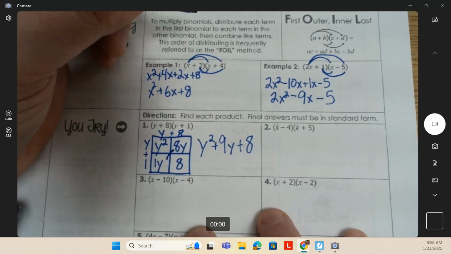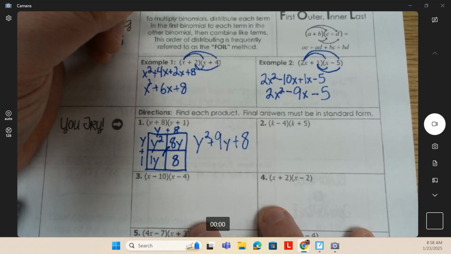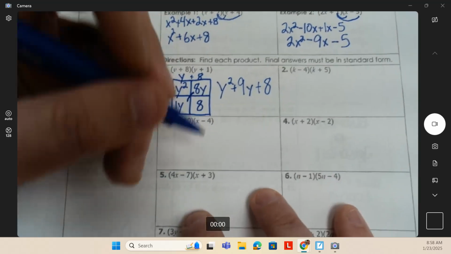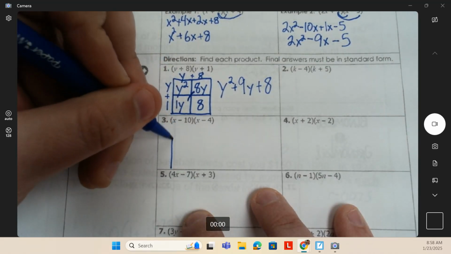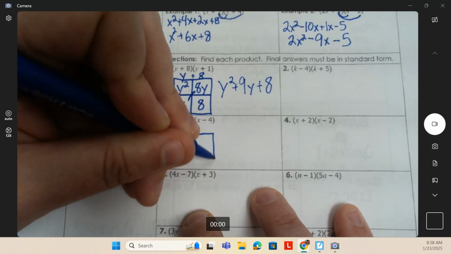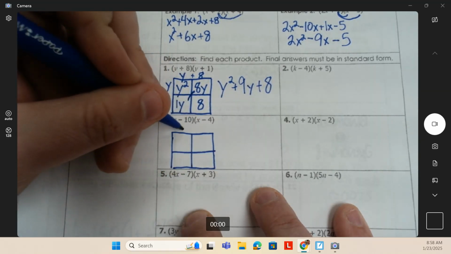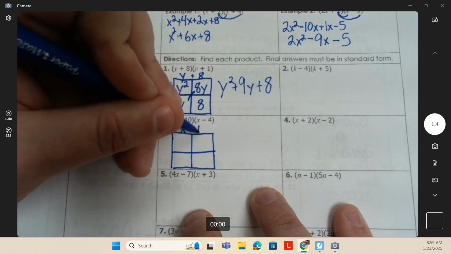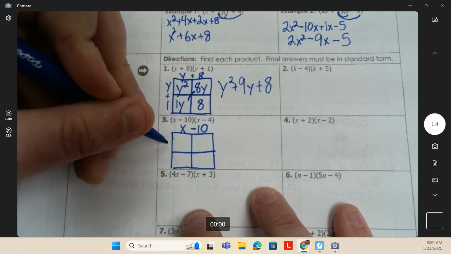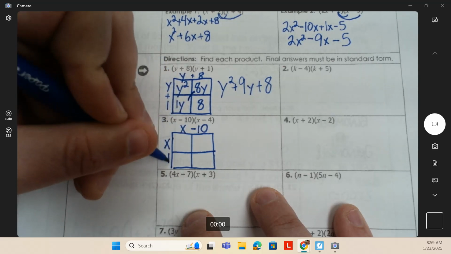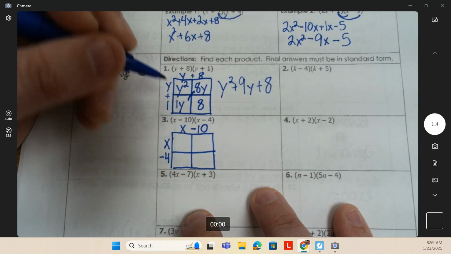Then I'll show you that box method one more time. I'll do number 3. Draw out my box to start with. And put x minus 10, so that's a negative 10, and x minus 4, so a negative 4.